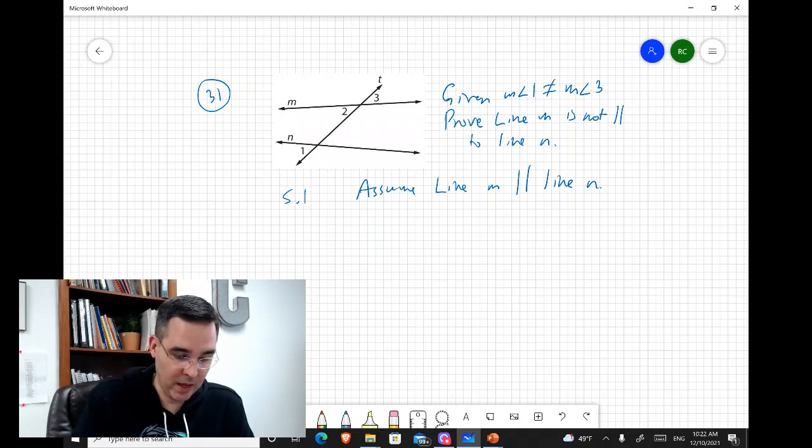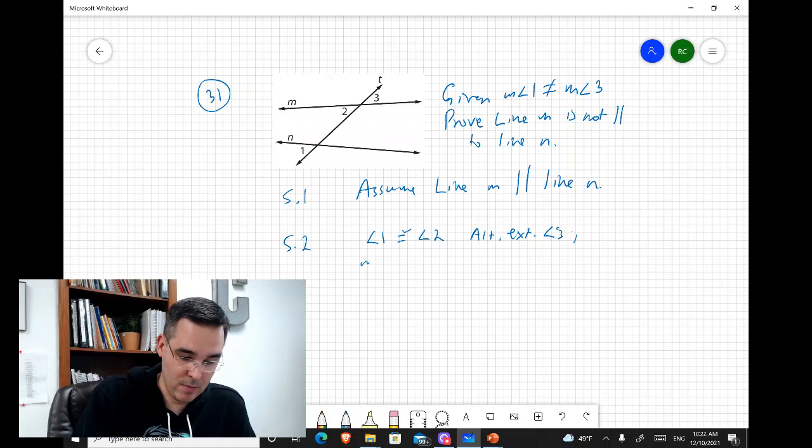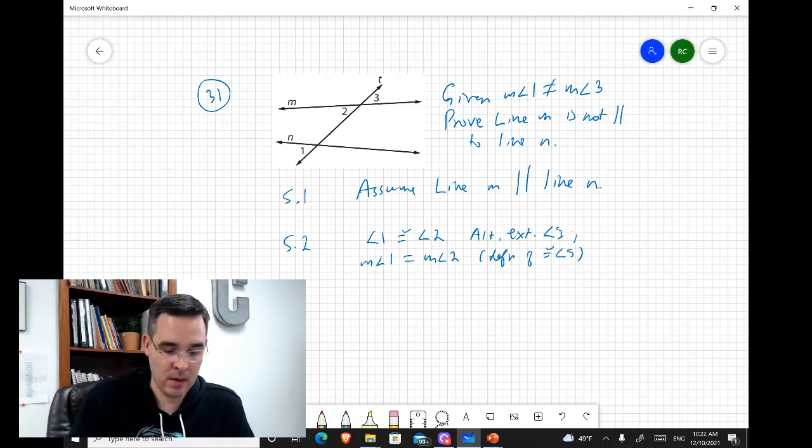I'm assuming that. Well, if these two lines are parallel, then angle 1 will be congruent to angle 2 because they are alternate exterior angles. And then I can take another statement. The measure of angle 1 will be equal to the measure of angle 2 because of the definition of congruent angles.